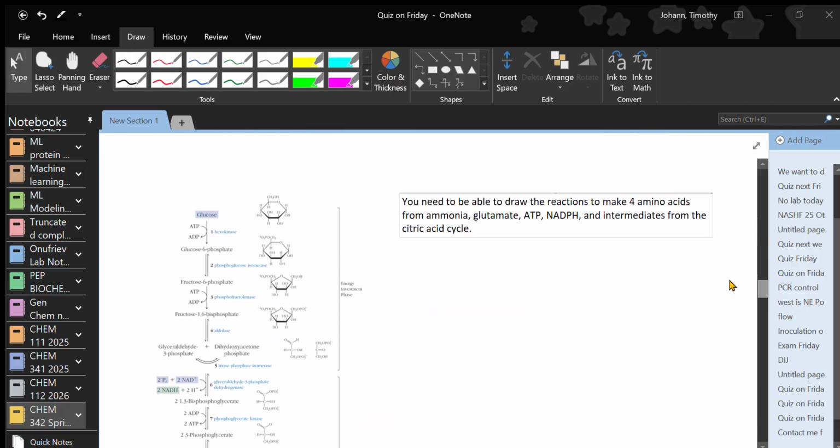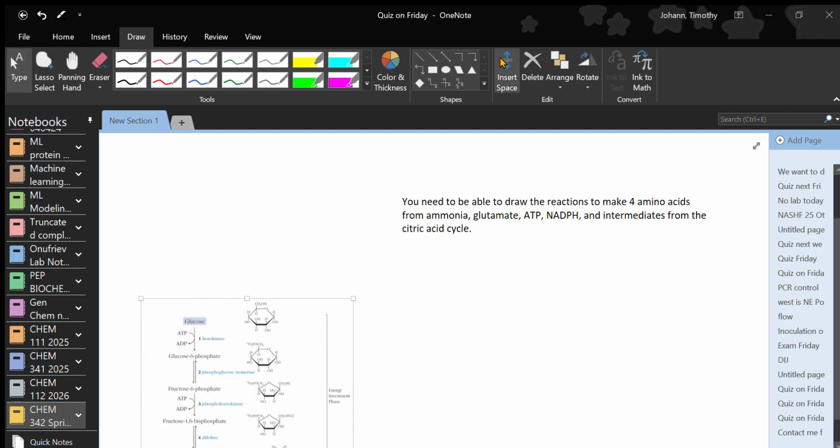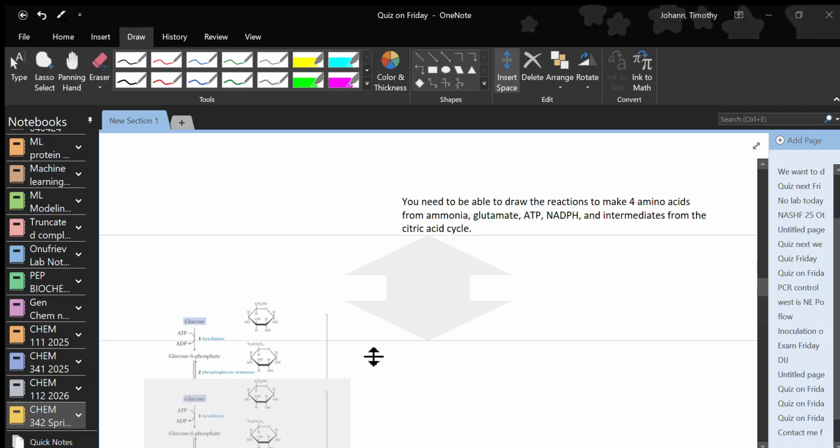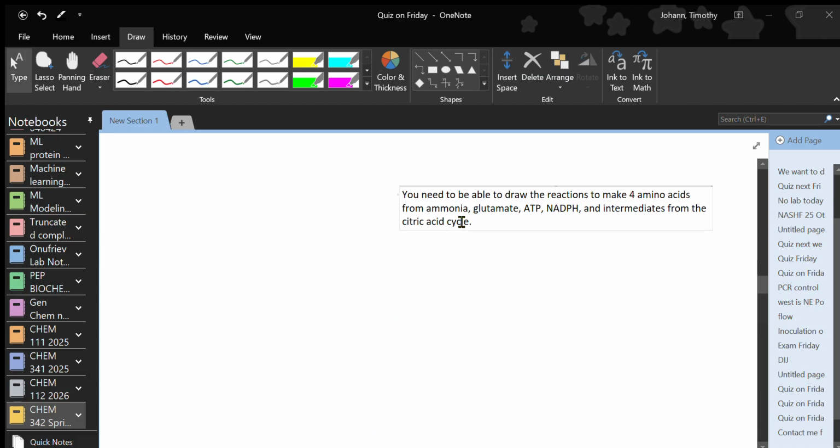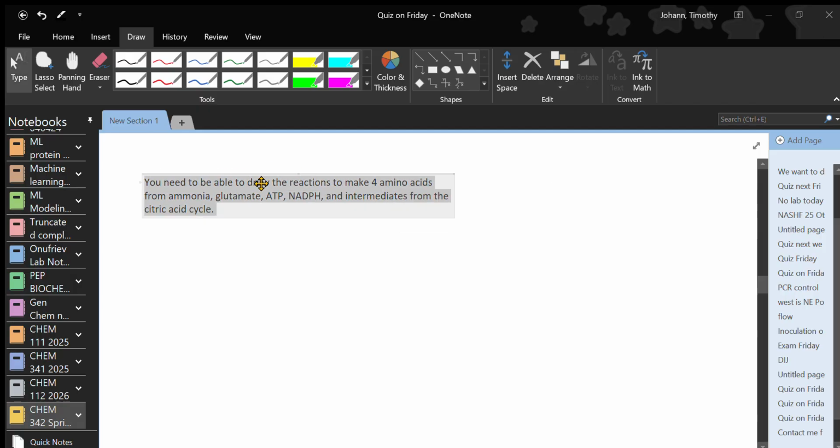I'm going to actually introduce a new reaction type here. I think I've said this before, I don't really know my citric acid cycle intermediates. I know what amino acids they are and how to easily make them from amino acids. Okay, so I've got my amino acids memorized.